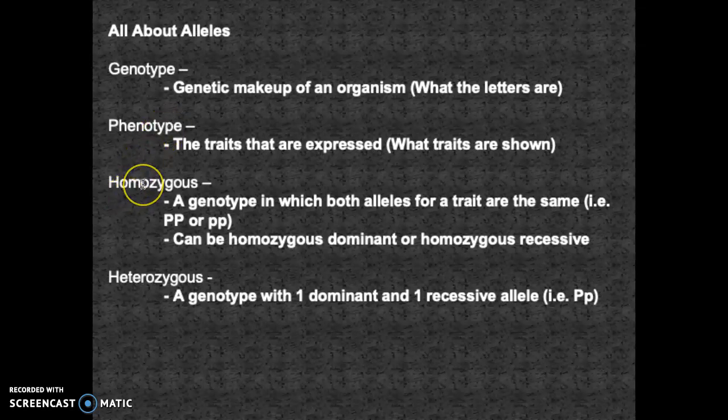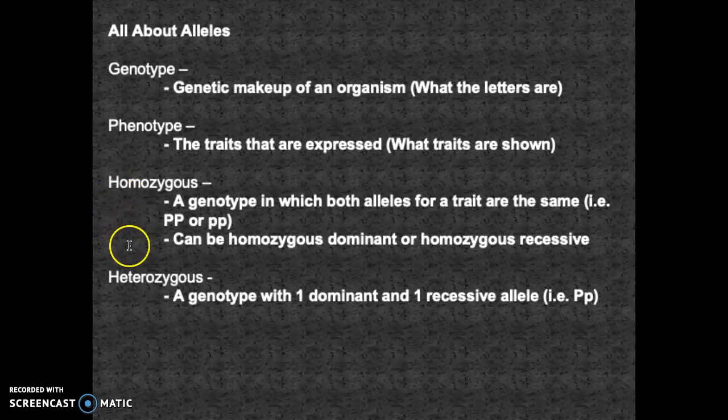If you get two of the same genes, like a dominant gene from mom and a dominant gene from dad, or a recessive gene from mom and a recessive gene from dad, you are said to be homozygous, two of the same genes. If you get a dominant gene from mom and a recessive gene from dad, or you could flip it, a recessive gene from mom and a dominant gene from dad, so you have two separate genes, one dominant and one recessive, you're said to be heterozygous.